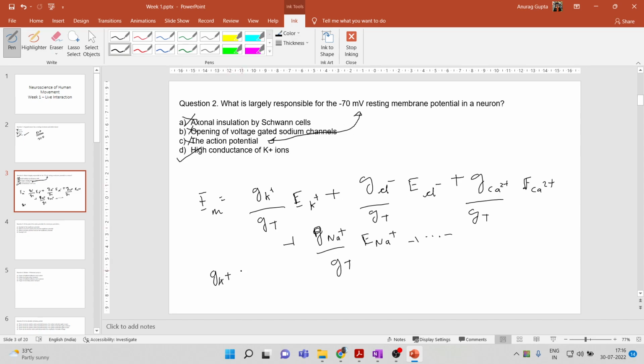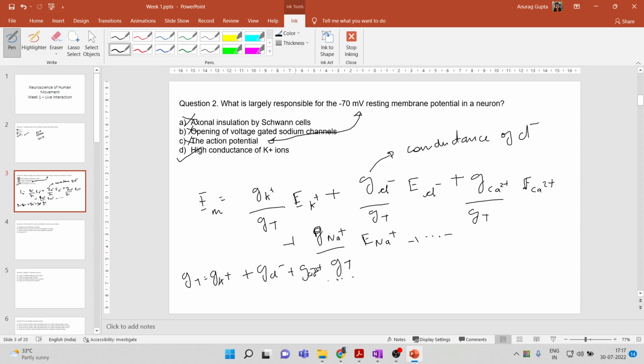Similarly, GCl is the conductance of Cl minus, and GCa2 plus is the conductance of calcium across the cell membrane. So GT is equal to GK plus GCl minus plus GCa2 plus, and so on.